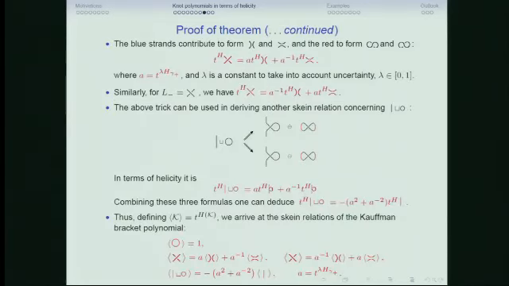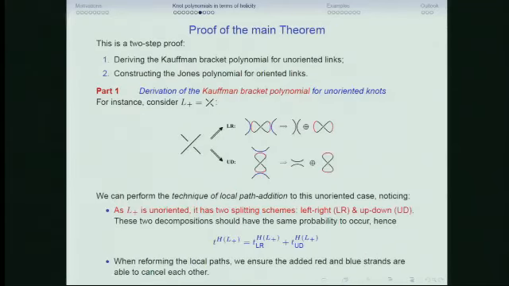In this picture, the blue ones can form the non-crossing, and the red ones just contribute to form the unknot.